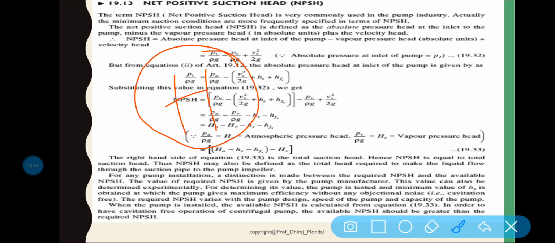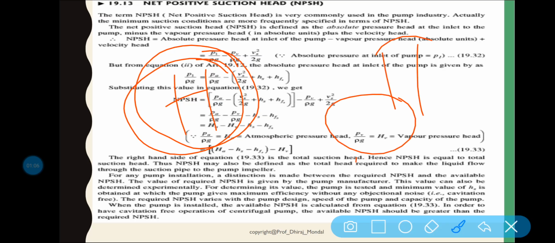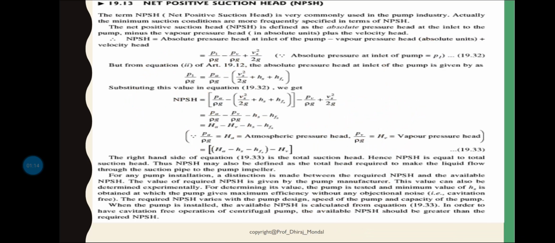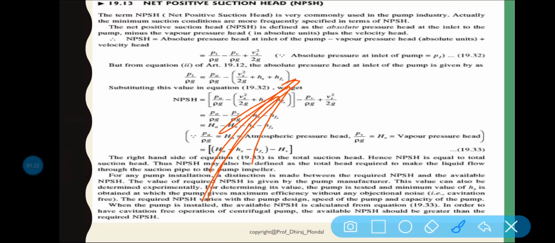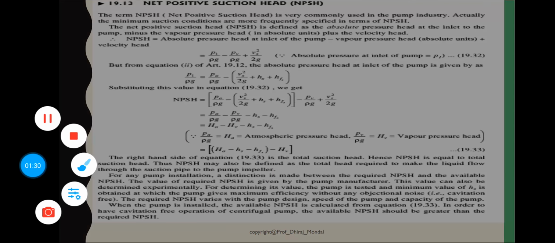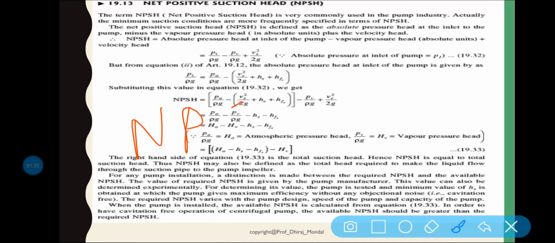If this is your pump, this is your suction pipe, and this is your impeller, then the total head required to make the liquid flow, that means the flow should be continuous, through the suction pipe to the pump impeller. Clear?